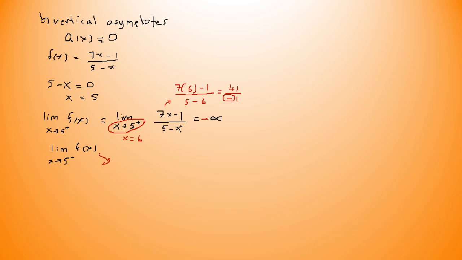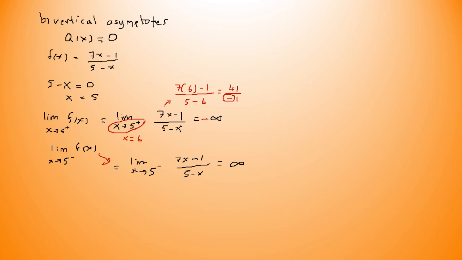Then evaluate the limit of f(x) as x approaches 5 from the left side, which is the limit as x approaches 5 with a negative sign, of (7x - 1) over (5 - x). Substituting x equal to 5, we get 35 - 1, 34 over 0, which is infinity. Then we need to test whether our limit is negative infinity or positive infinity.